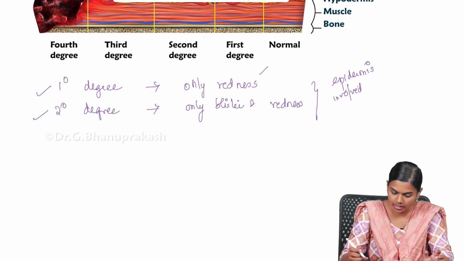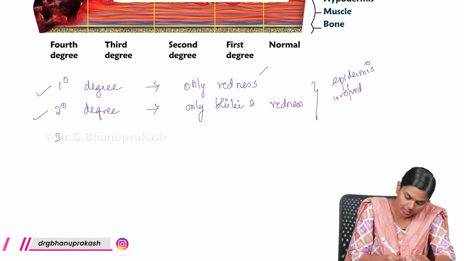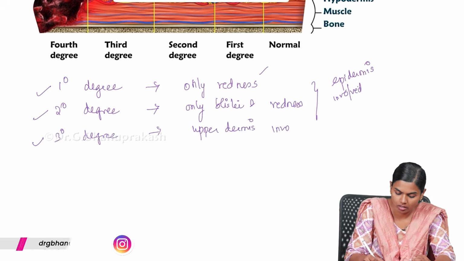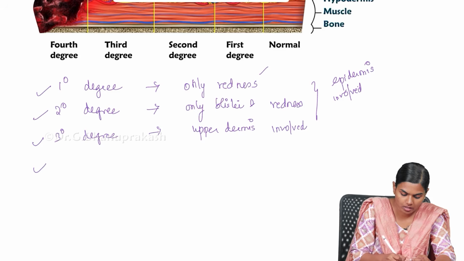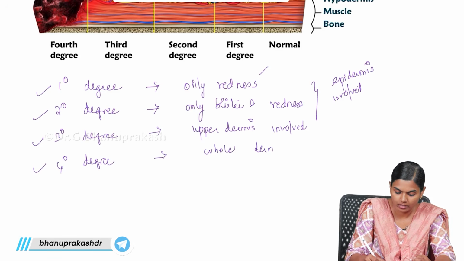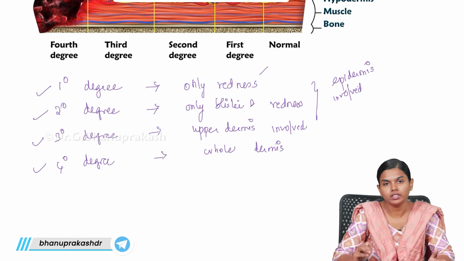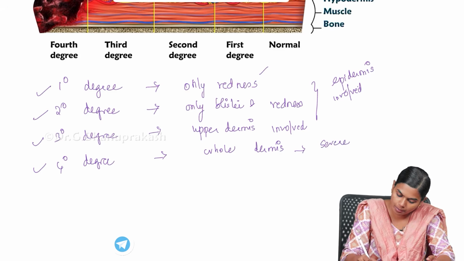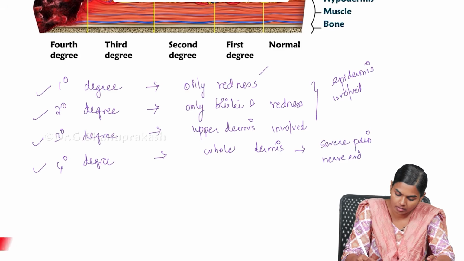Next is the involvement of the dermis. So you have the third degree, where only the upper dermis is involved. Next we have the fourth degree, where the whole dermis is involved. There is complete damage to the dermis, and in this you will have severe pain because of the involvement of the nerve endings.